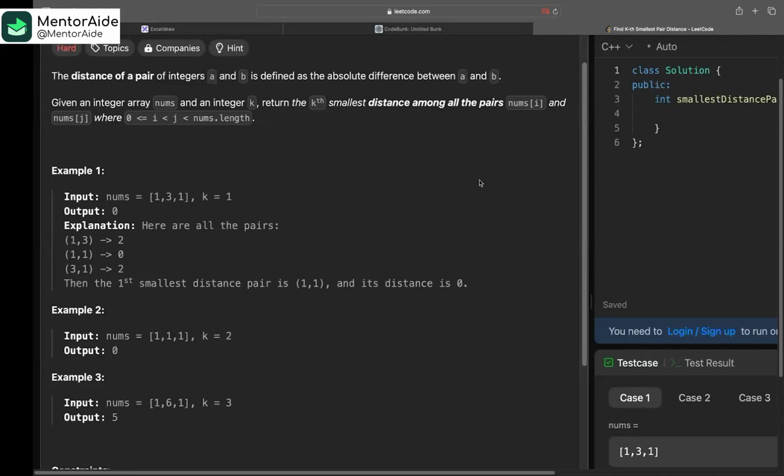So how are we using the low and high values? Let's say low is 0 and high is the maximum distance which we can achieve. The reason we are using binary search is that we say, hey, this is the distance which can be the answer. Now we are checking, is this distance the kth distance or not?